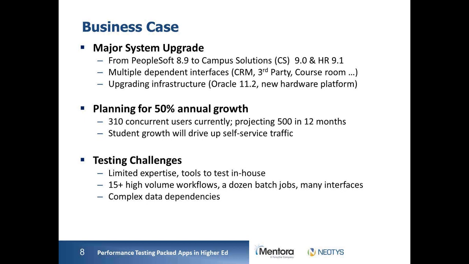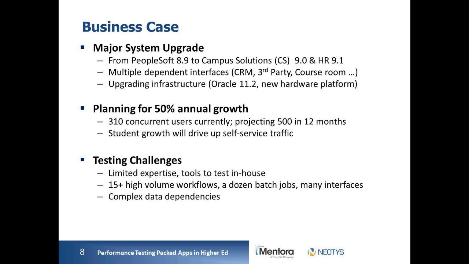And in addition, we're upgrading our infrastructure because we're looking to increase our capacity, looking at substantial annual growth in our student base and our in-house users. We currently have about 300 concurrent users. We're projecting 500 in 12 months.